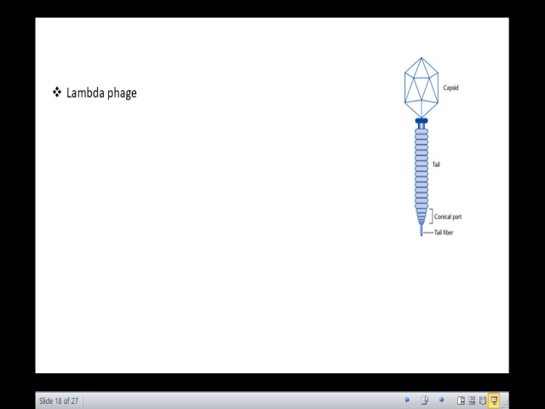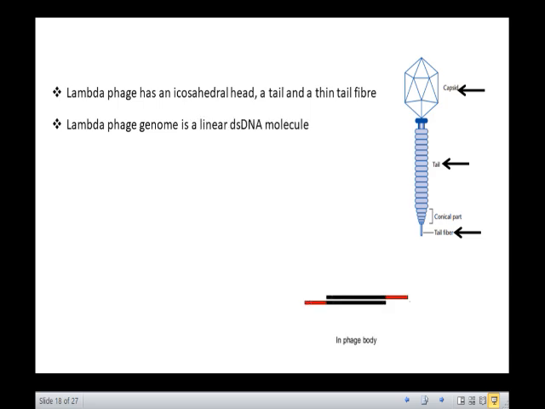The lambda phage has an icosahedral head, a tail, and a thin tail fiber which is mainly responsible for recognition of the host cell. The lambda phage genome is a linear double-stranded DNA molecule 48.5 kb in size with single-stranded regions at the 5' ends.